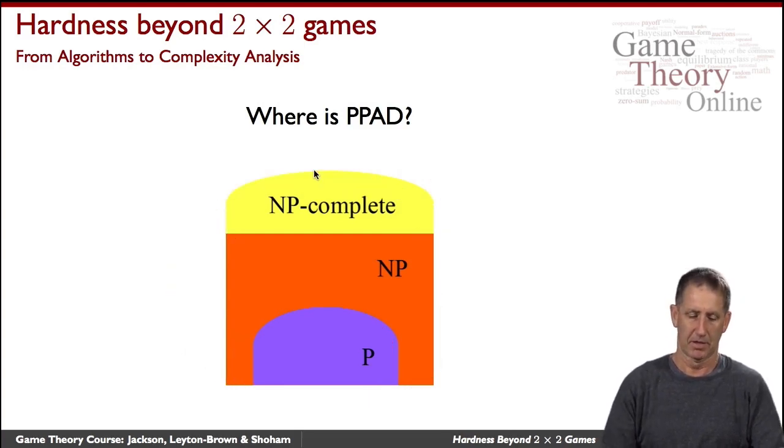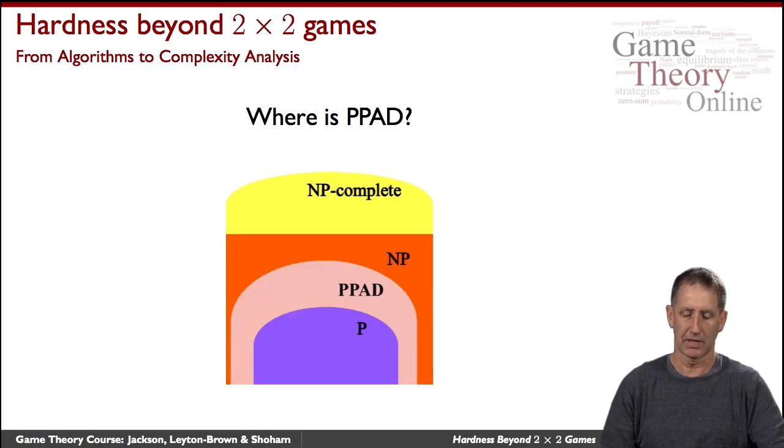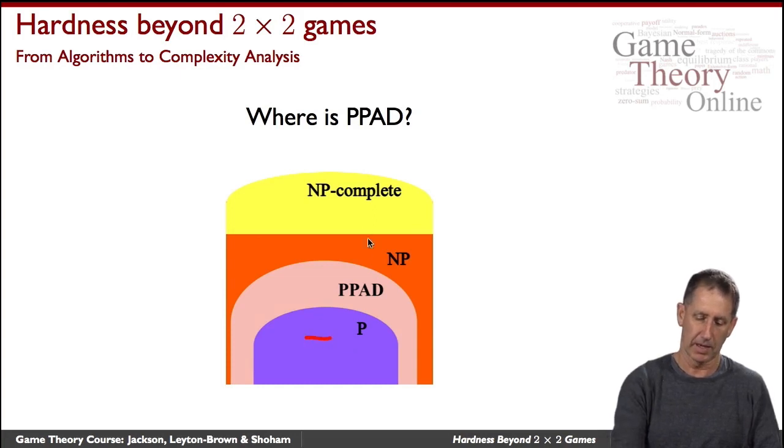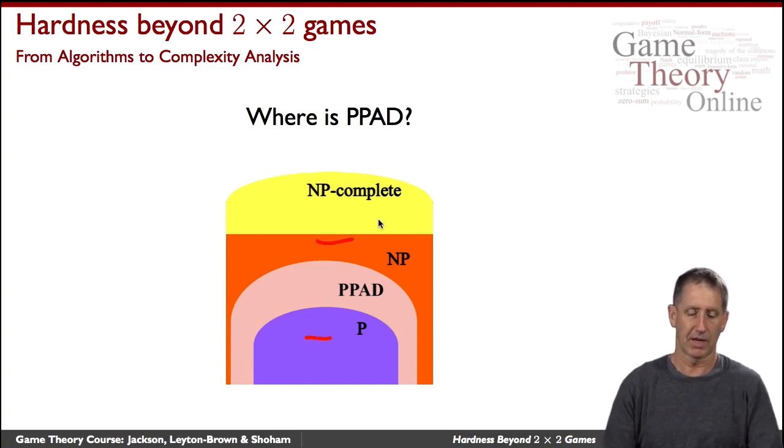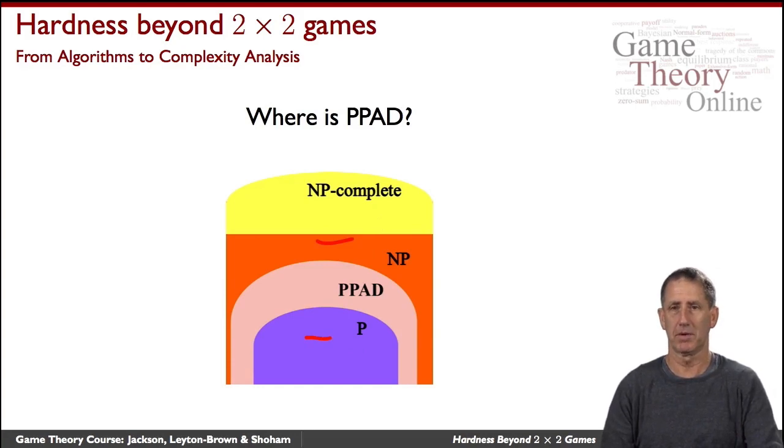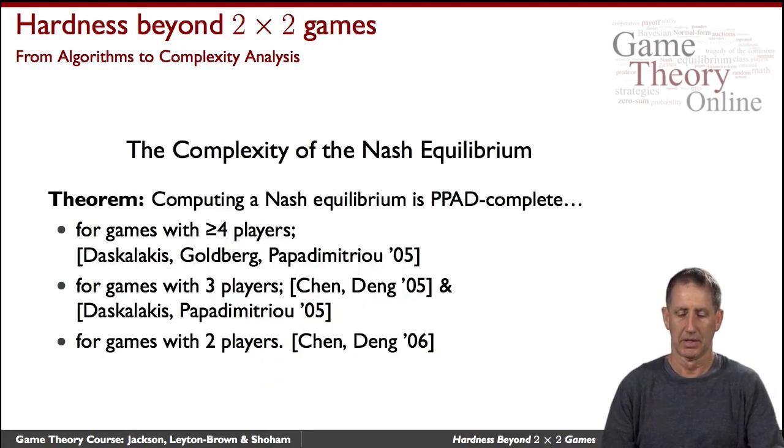And given that, PPAD turns out to reside somewhere within this class. Now again, we don't know whether this entire hierarchy does not collapse and all become one and the same. It's widely believed that it does not, but proof doesn't exist. However, we do know that PPAD lies someplace in between P and NP. Now, what does that have to do with the problem of computing a Nash equilibrium? Well, that's where the following theorems come in.